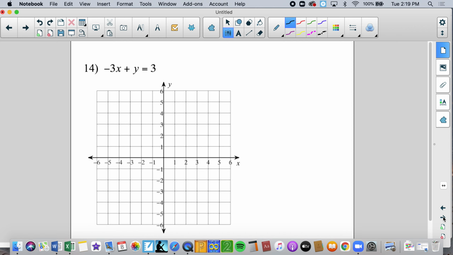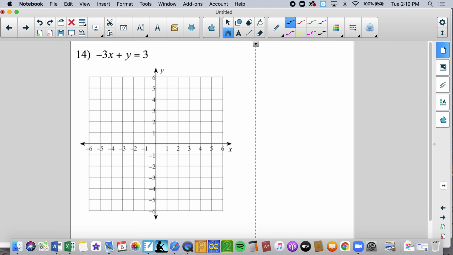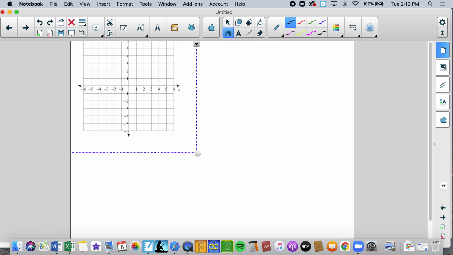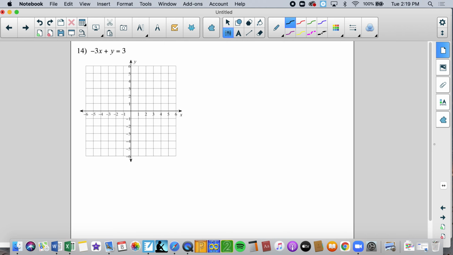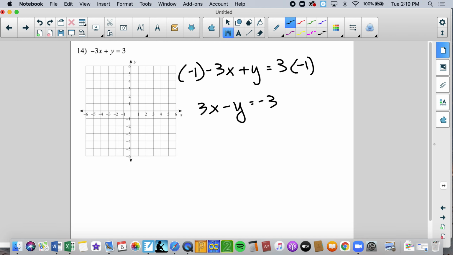Number 14. Number 14 is going to look like this. It's not in slope-intercept form or standard form, because it has a -a value. So how do I get rid of that negative as my a? I multiply everything times -1, which gives me 3x minus y equals -3.